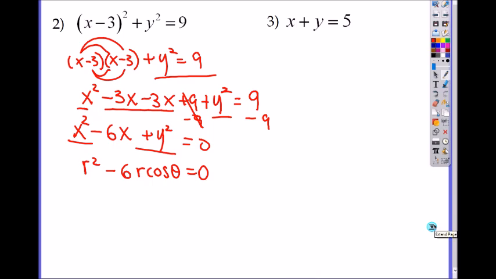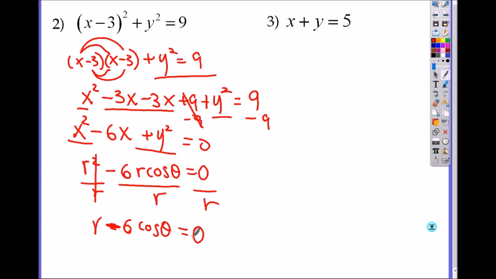Now, can we divide by r from all three terms? Yes. So now we get r minus 6 cosine of theta equals still 0, right? 0 divided by r is still 0.